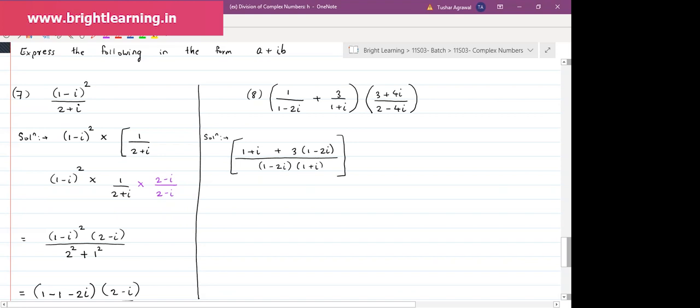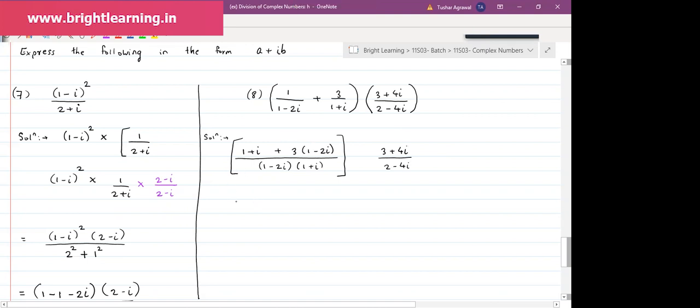This complete thing multiplied by 3 plus 4i upon 2 minus 4i. Let the second bracket be as it is as of now.